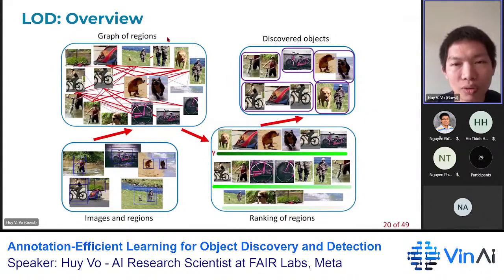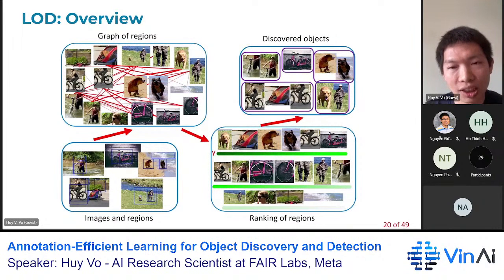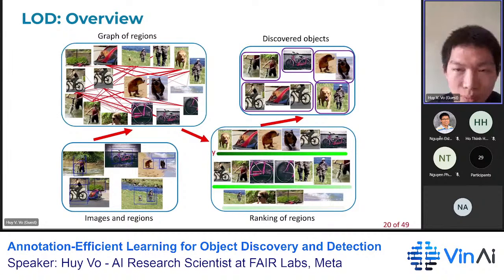Then we use a ranking method, of the kind often used to find well-connected nodes in a graph, to give each region proposal a score between 0 and 1. Then we go back to the image level: in each image, we sort the regions according to their scores, take the top regions and return them as objects.